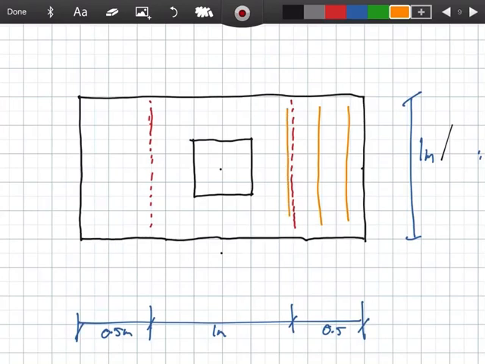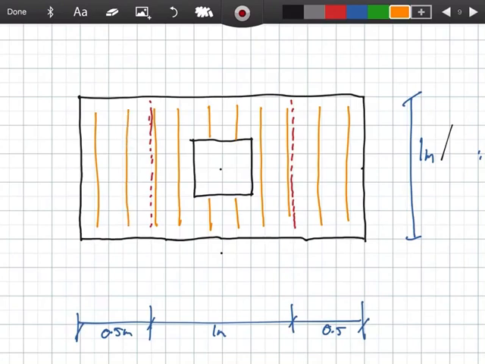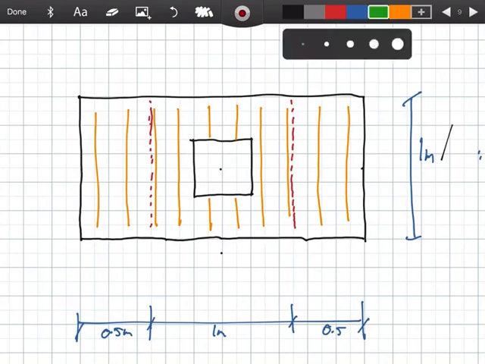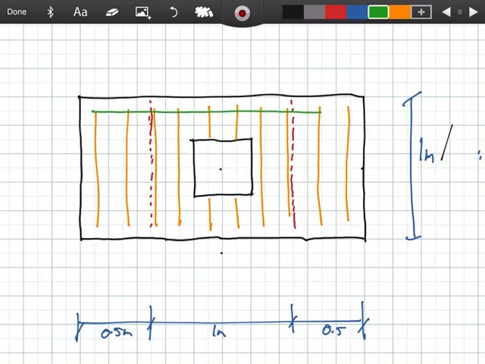So, 1, 2, 3. Okay. Tapos, yung longitudinal natin ay 5. Ibang kulay na lang yung longitudinal. Longitudinal natin ay 5.